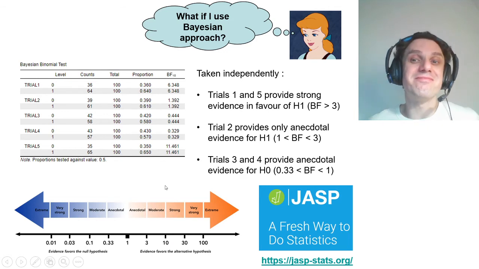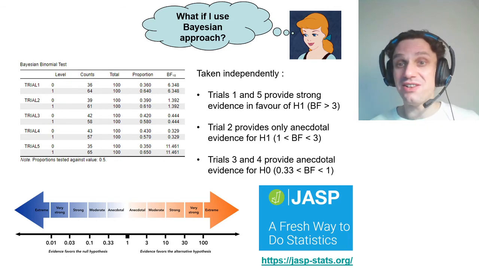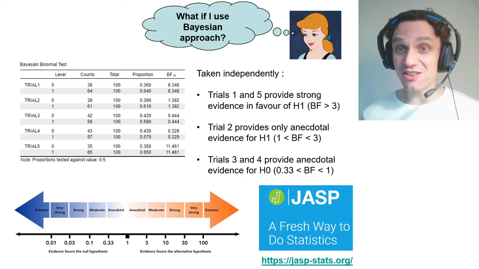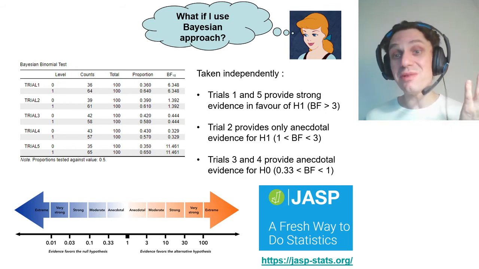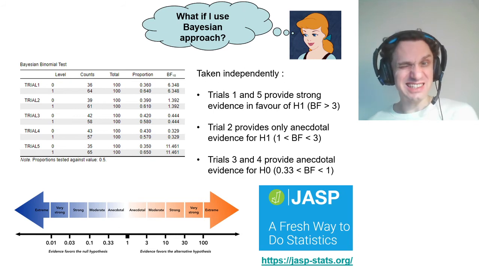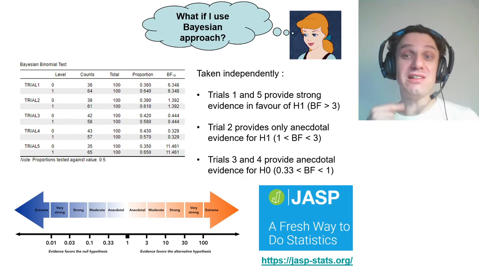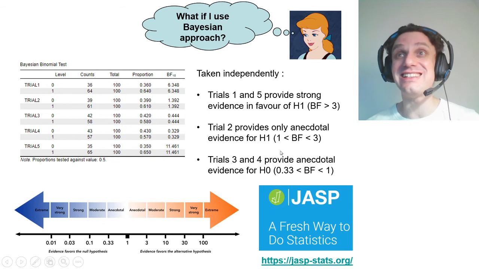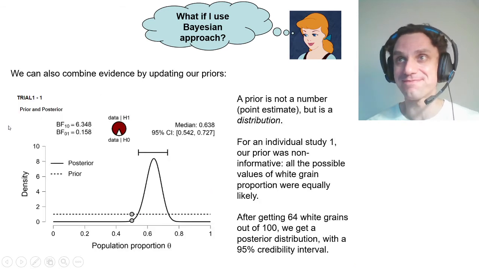So, the results of Bayesian interpretation correspond to the results of frequentist interpretation. So what's the sense of applying Bayesian statistics? Now, the real power of Bayesian statistics is revealed in the next step.